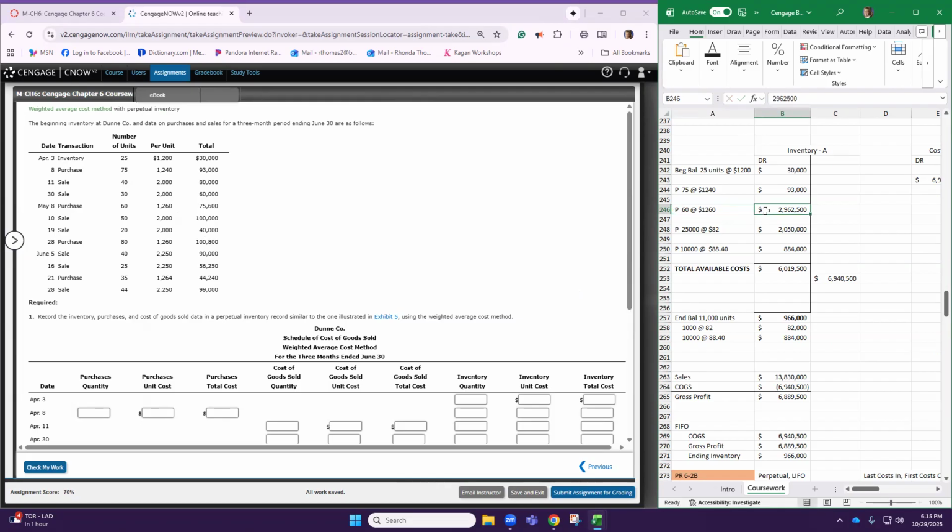Okay, and that is $75,600. The next purchase is 80 units at a cost of $12.60. So same price as before. So that was to our benefit, $100,800. And then the fourth purchase, there's 4 purchases in all, 35 units at $12.64.